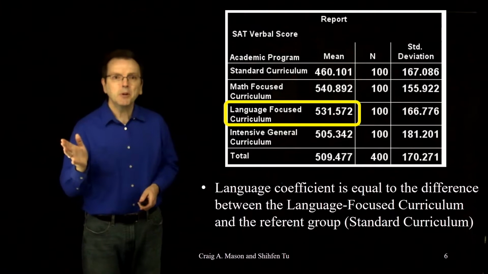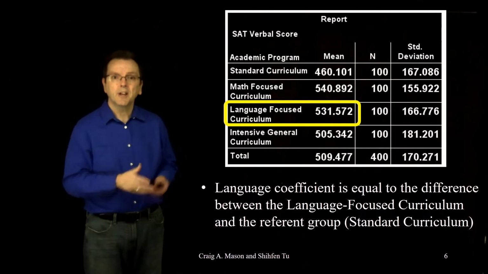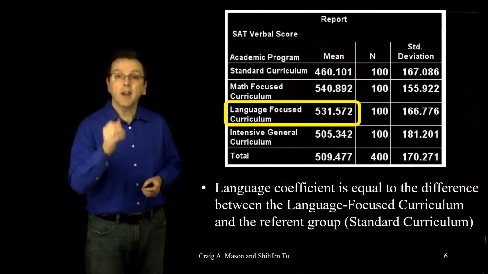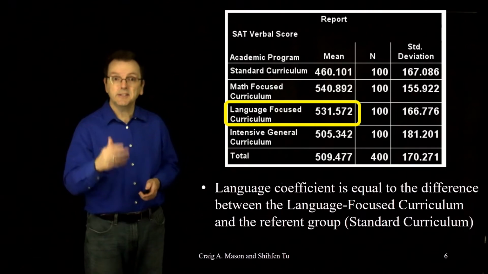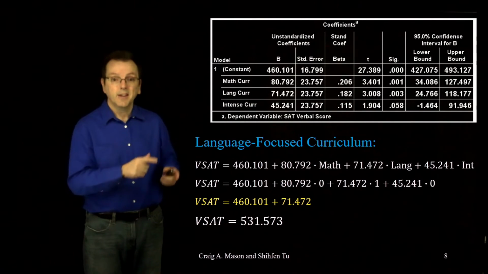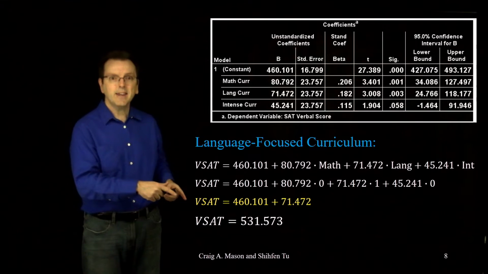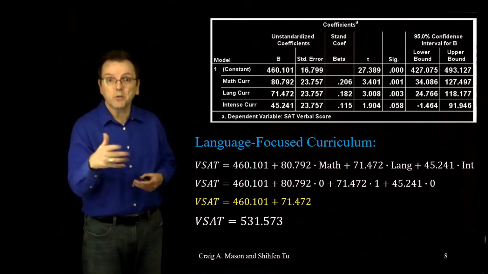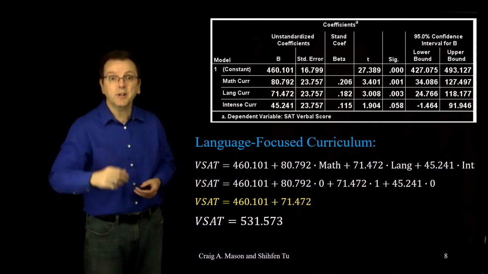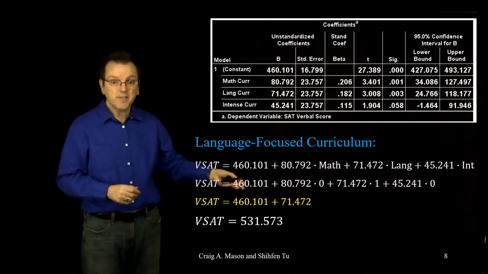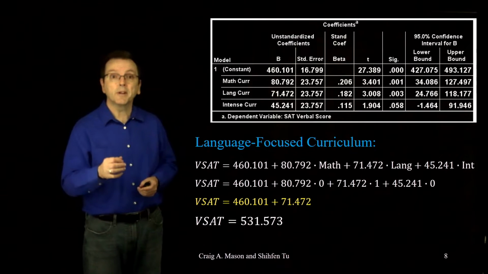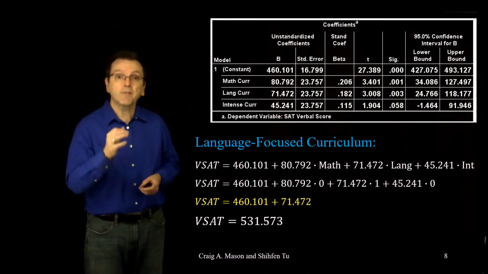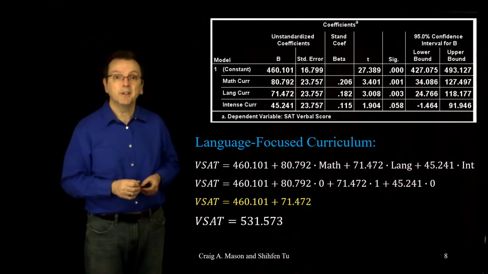Now, similar to what we saw with the math coefficient, the language coefficient is equal to the difference between the language-focused curriculum and the standard curriculum. You see it again right here, right? We're taking the intercept, that mean for the reference group, or the mean for the standard curriculum, and we're adding 71.472 to it. The 71.472 is the effect for the language-focused curriculum, right?